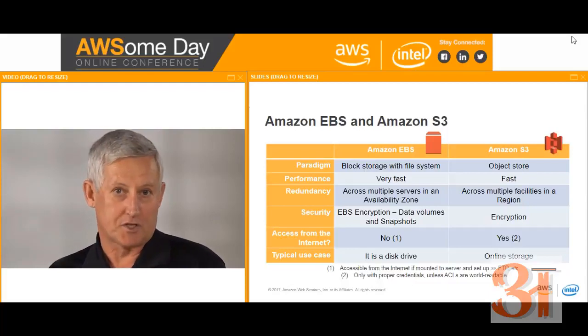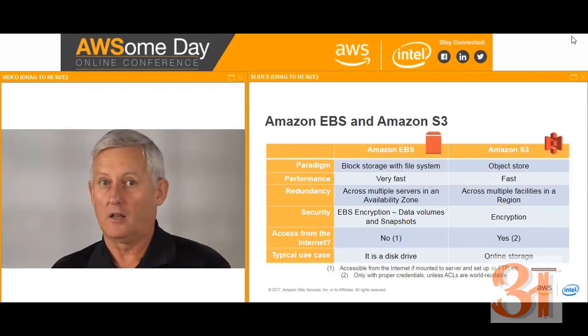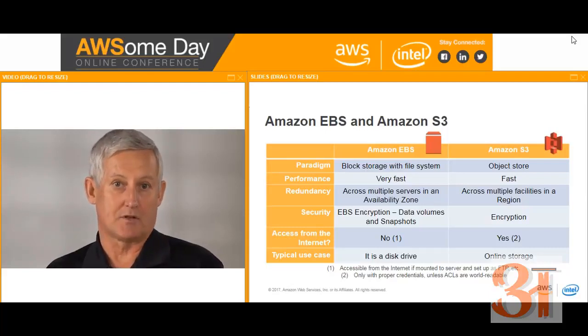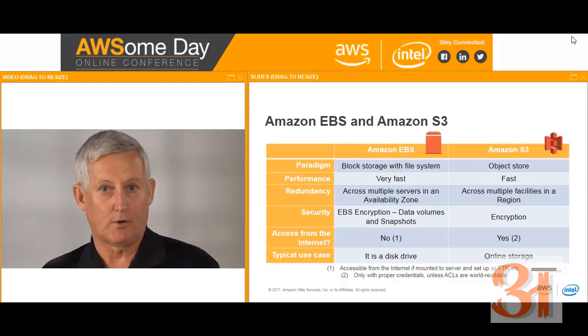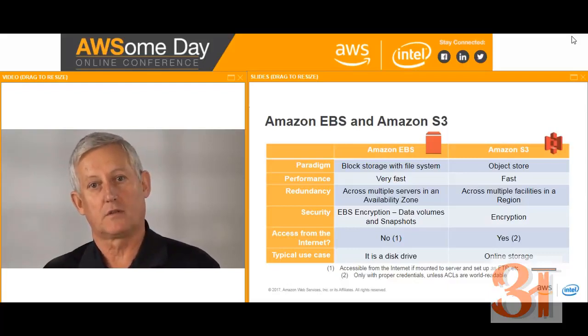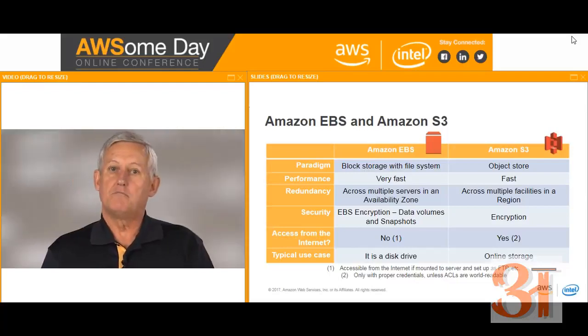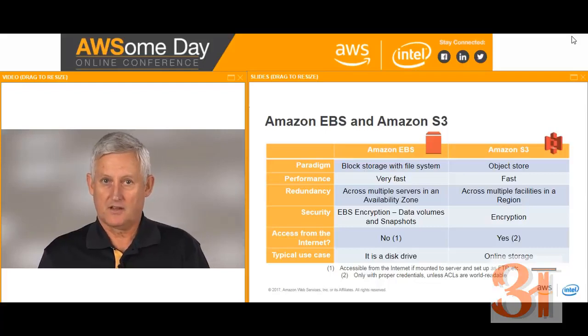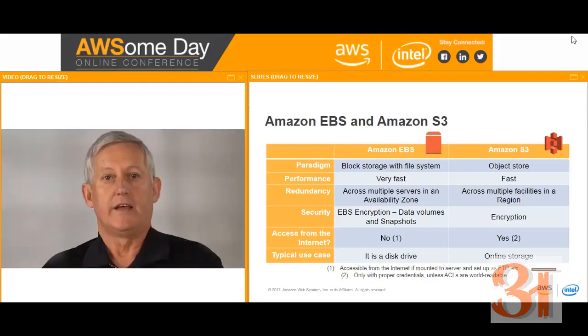If you change one small part of a file, you must still rewrite the entire file in order to commit the change to Amazon S3. This can be time-consuming if you have frequent writes to the same object. S3 is optimized for write once, read many use cases. The other major difference is cost. With Amazon S3, you pay for what you use, and with Amazon EBS, you pay for what you provision.